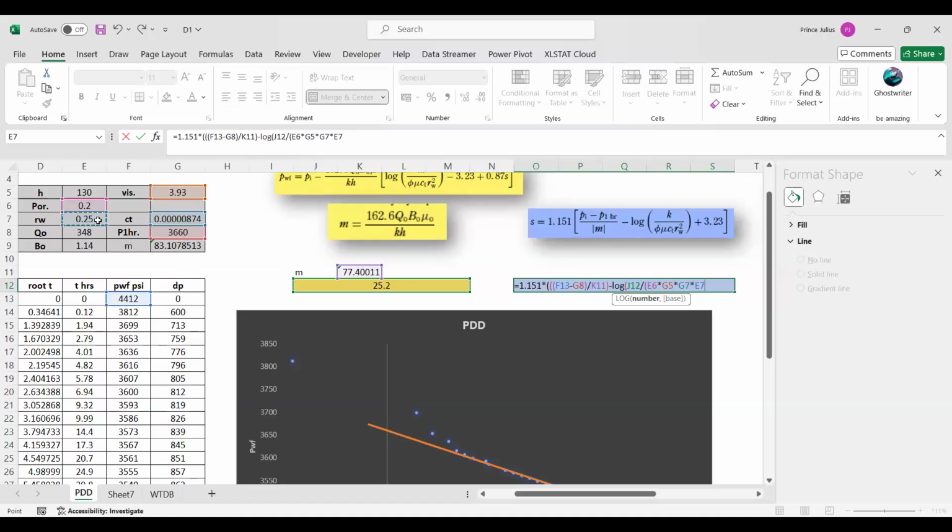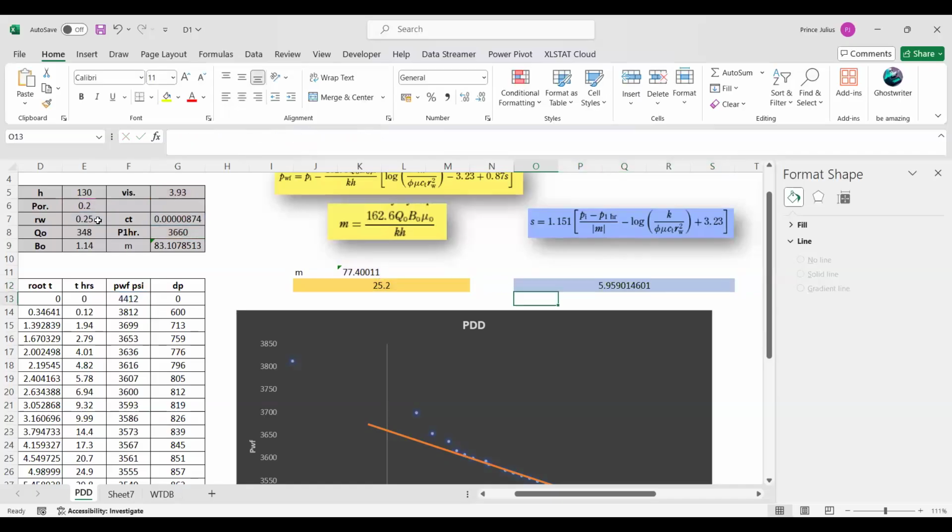That is wellbore radius square. Square means power 2. So close the bracket. One more bracket. So we have closed two. Similar colors on the edges of the bracket represent that the equation is completed. Plus 3.23. Sorry, 3.23. Close the bracket and let us enter.